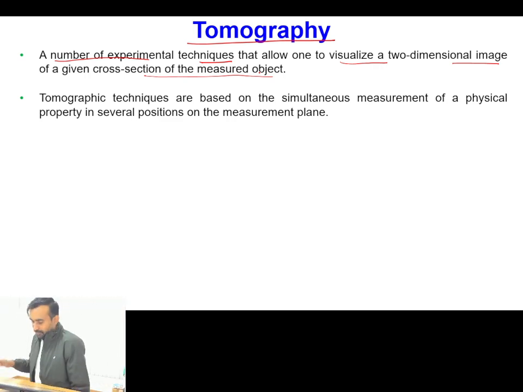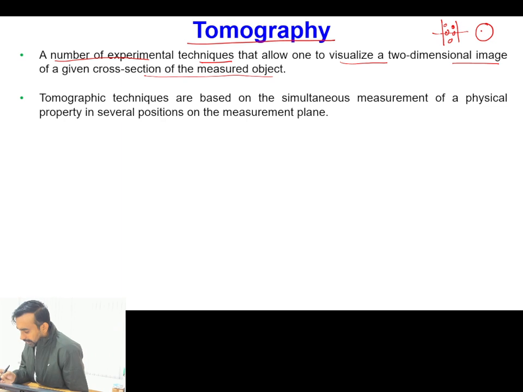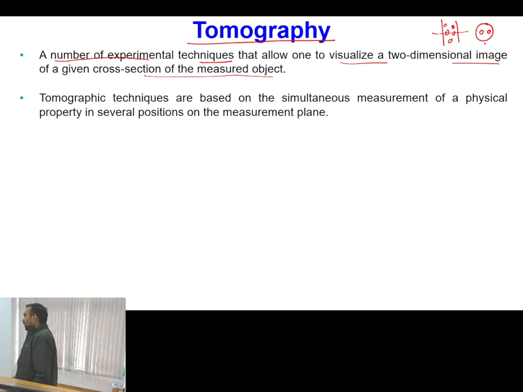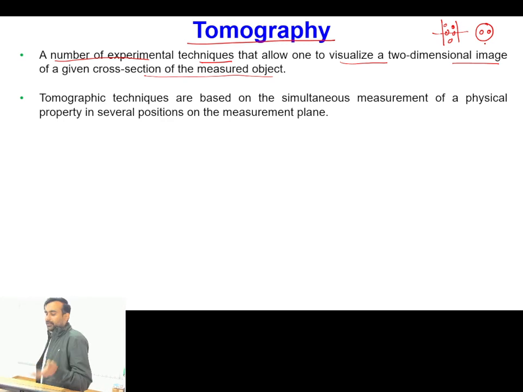For example, you have a pipe in which multiple bubbles are crossing. If at this cross section you can get an image that tells you how the interface is present at this cross section, whatever technique is able to do that, we will call it a tomographic technique.